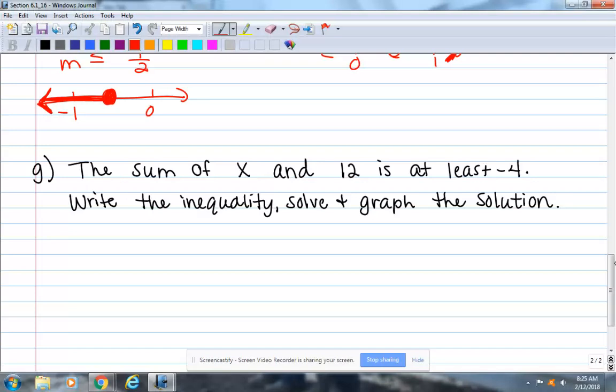So what we're going to do is write the inequality and solve it and graph the solution like we've been doing. Something we need to talk about is at most and at least. You need to know these.